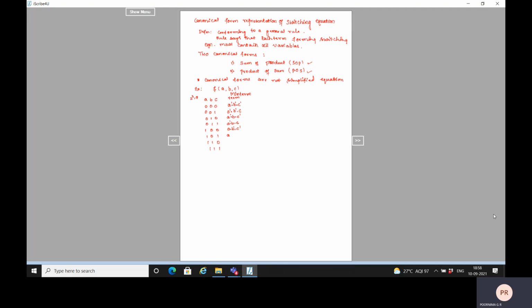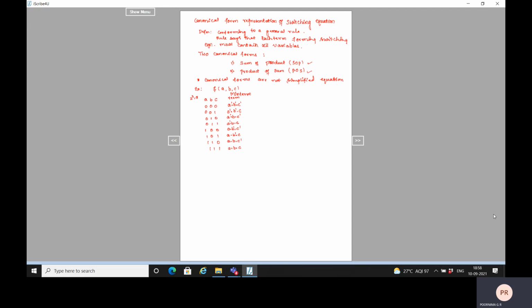The next term is A ANDed with B bar ANDed with C. Then A ANDed with B ANDed with C bar, and A ANDed with B ANDed with C. This is how we represent a min term, and we have already discussed how the min term appears in a truth table. Its value is always 1.